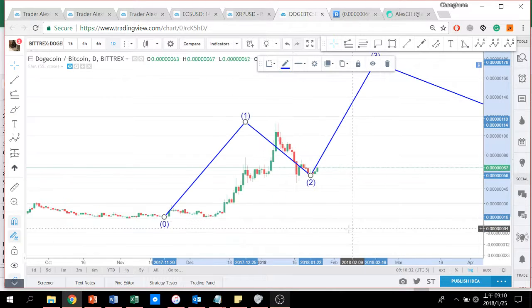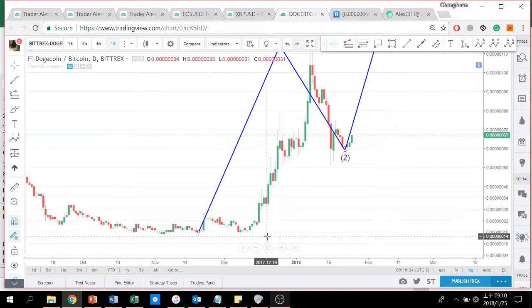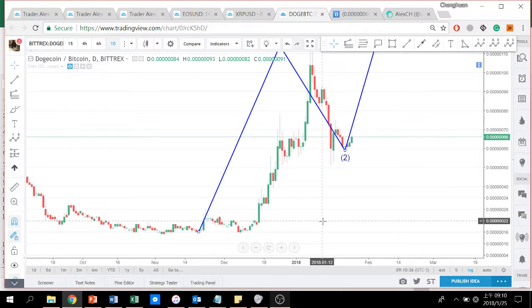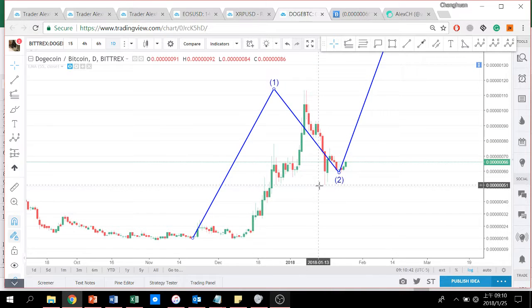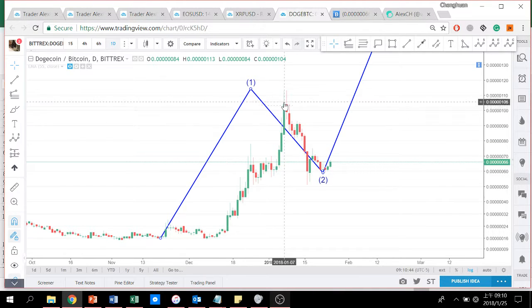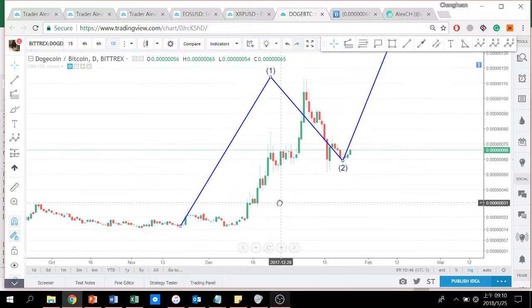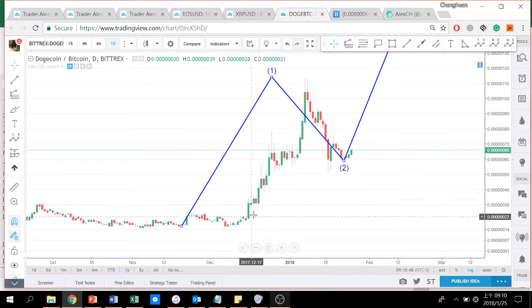If we were to start, where do we start? No, that retraces 100%. So you'll probably go 1, 2, 3, 4, 5. This has to be wave 5, right? And this would probably be wave 3. So 1, 2, 3, 4, 5.